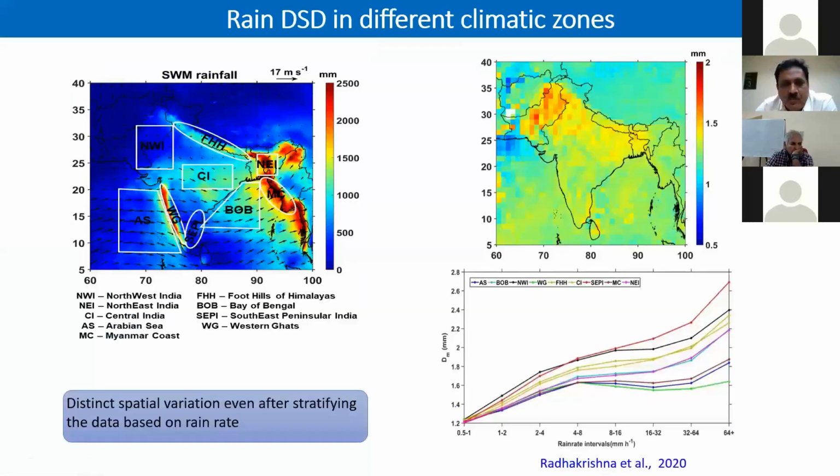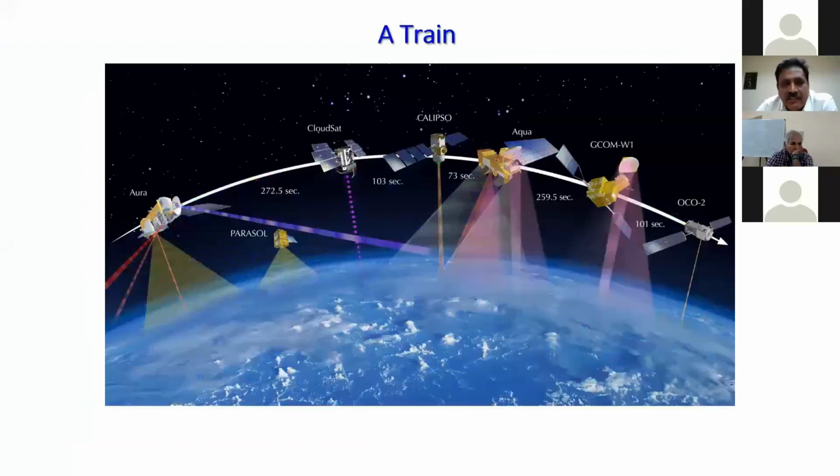This is one type of constellation where you put all the radars and imagers in one satellite. Whereas here, there is another way of looking at the systems, by sending several satellites in a chain, so that they pass the same region with a gap of a very few minutes, so that we get the complete information about that system.